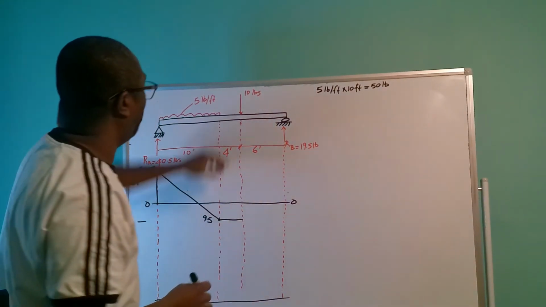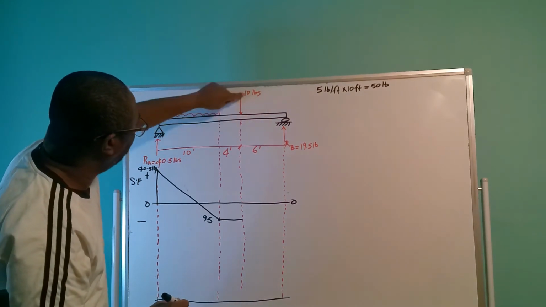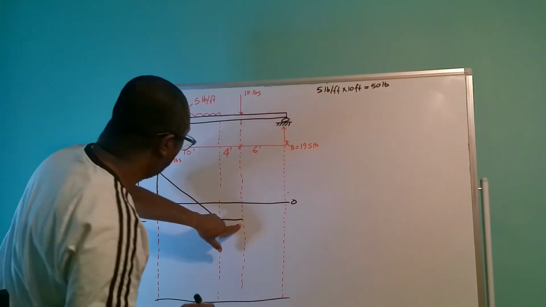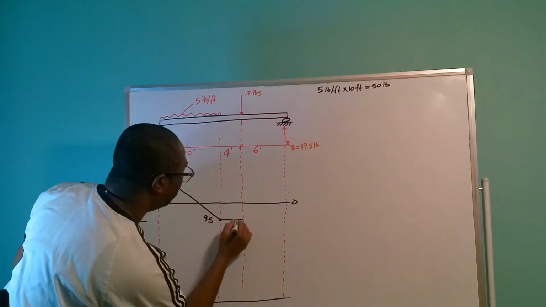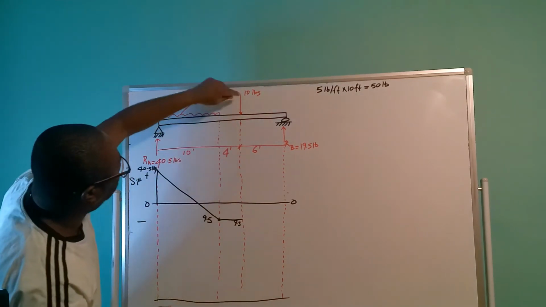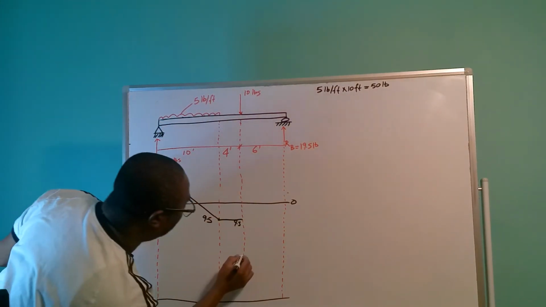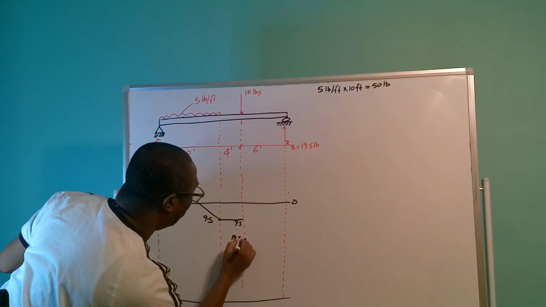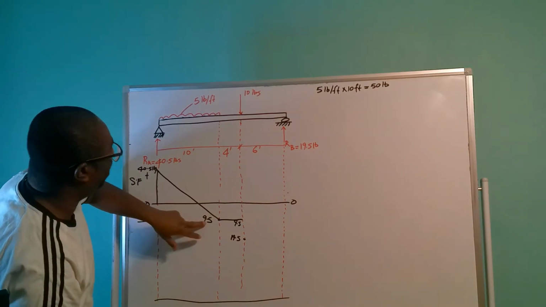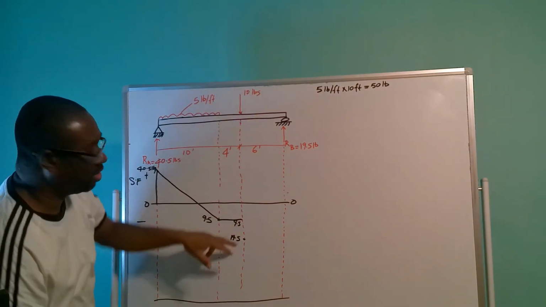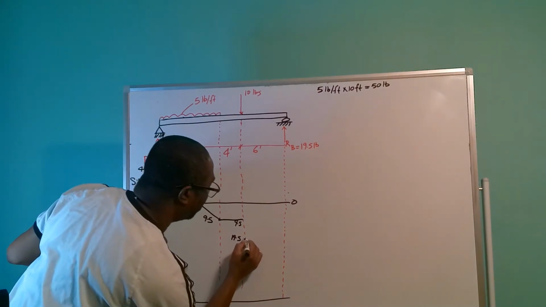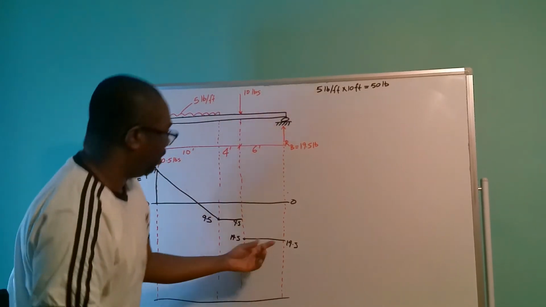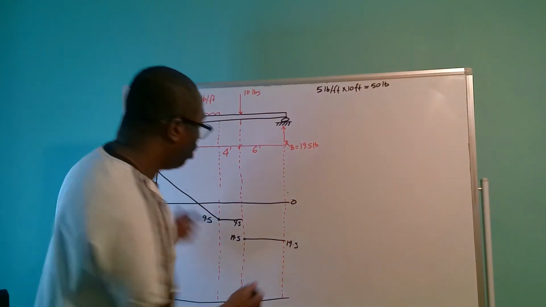Along this line here, 10 pounds is pushing down on the beam as well. So we are at 9.5 here, and it's going to push down the beam a further 10 pounds. So this point here is going to be 19.5, because 9.5 plus 10 is 19.5. So we go across here, 19.5. So we have 19.5 here going up.